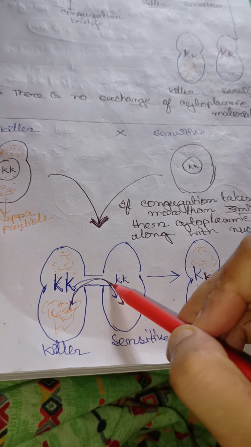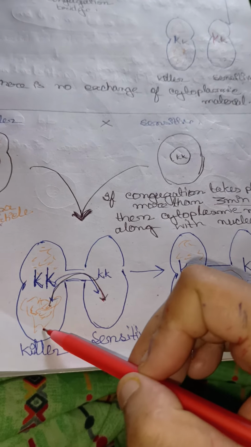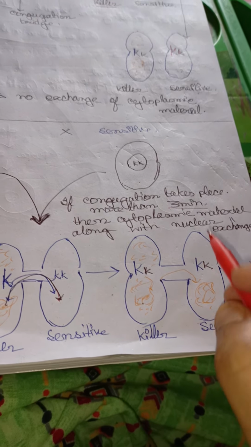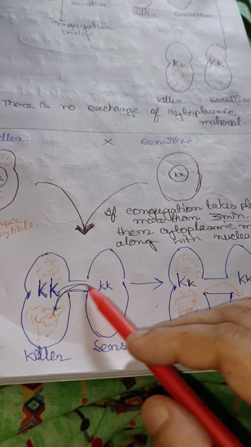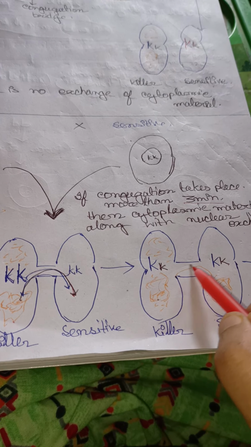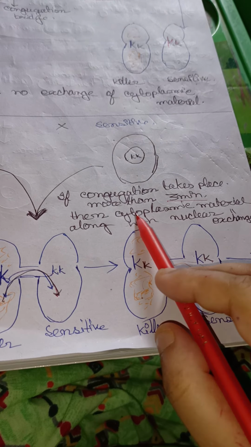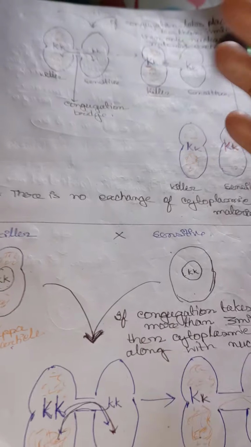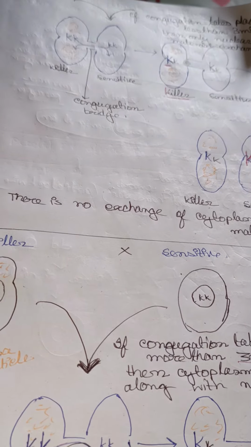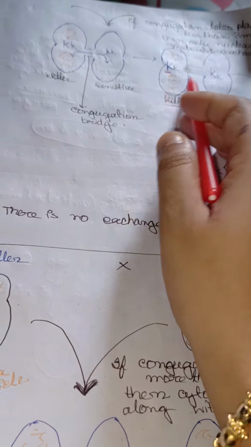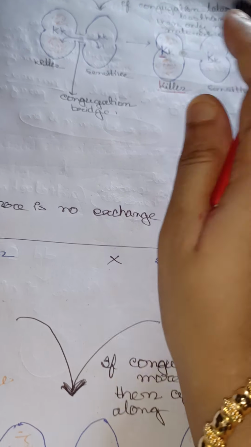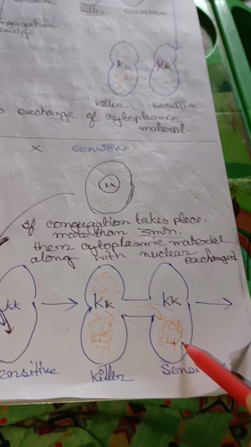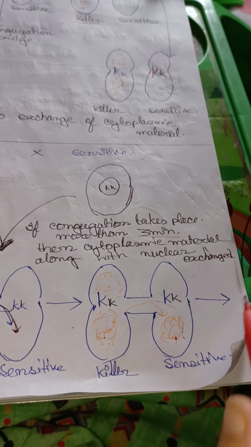Means one big K will come this side, one small k will come that side. So big K, small k, big K, small k. But remember, the cytoplasmic material will also exchange. So the kappa particle is coming here because the conjugation process is taking more than 3 minutes. If less than 3 minutes, only the nuclear material will come, the gene will exchange, but not the cytoplasm. Means kappa particle will not come here, but kappa particle is coming here. Clear?